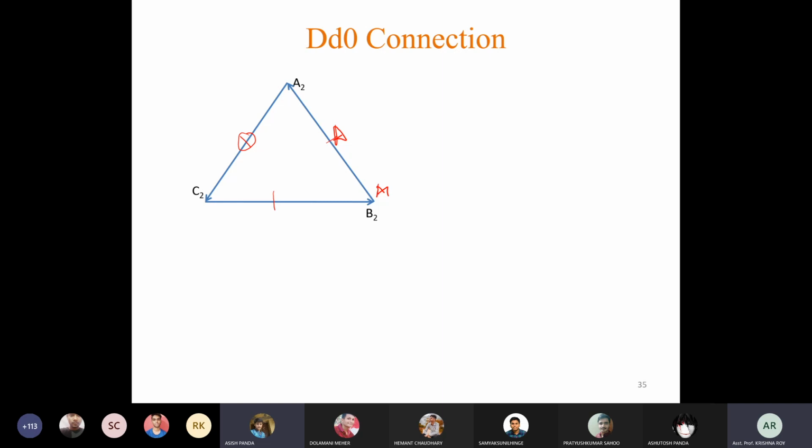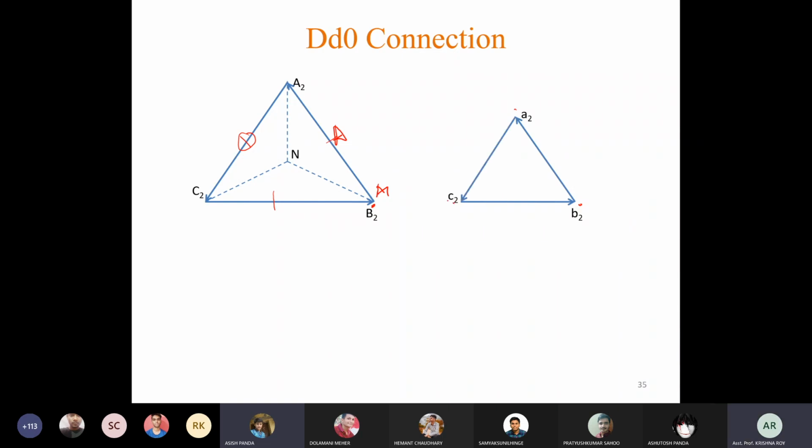So for DD0 connection, let us draw the imaginary star for this delta connection. Then since the phase angle is 0, so let us assume that this point, that is B2 point, will be same as that of low voltage side B2 point because the polarities are same, and this is A2 and this is C2.